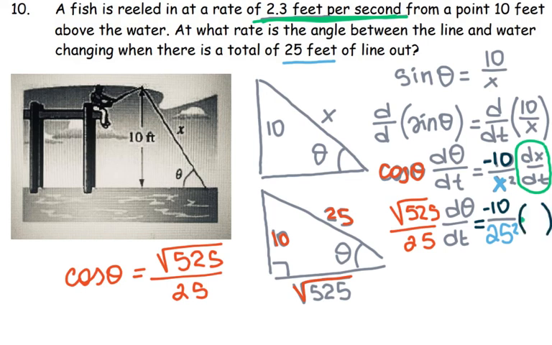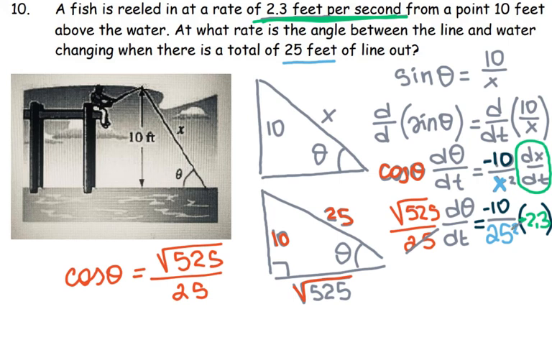And this velocity is going to be negative because the line is getting shorter as the fish is moving closer to the dock. So we will have negative 2.3. I also can cancel one of the 25s from the denominators.